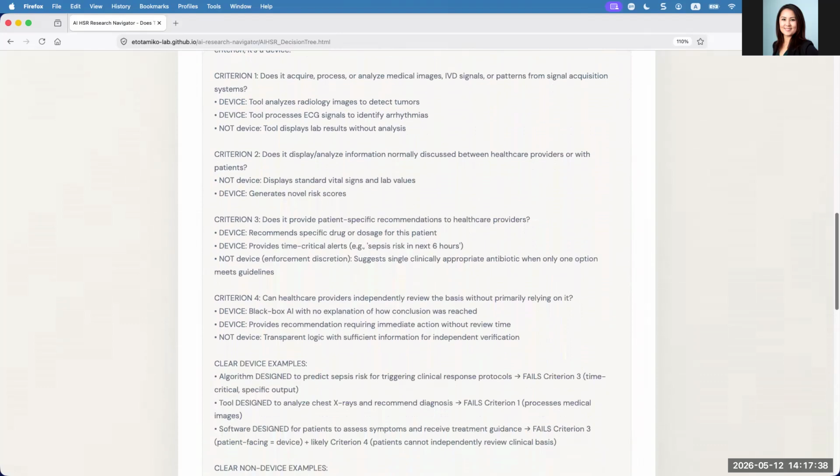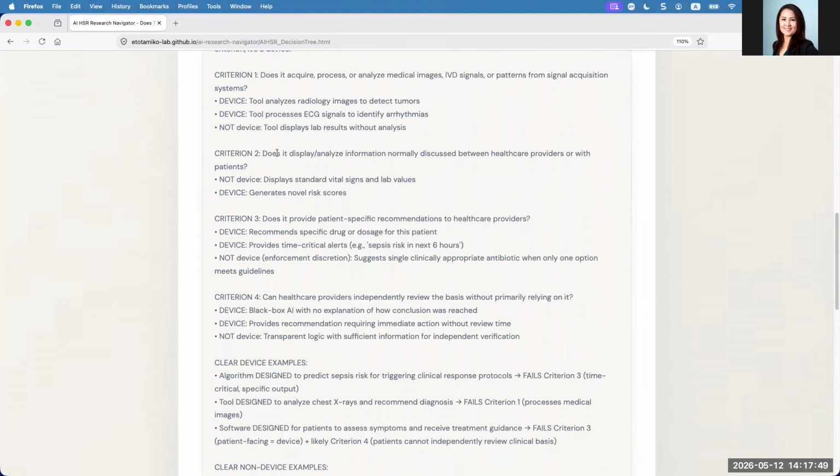If we evaluate our tool based on the intended use, what we're designing it to do, we see that our tool might pass the first two criteria, but it's actually failing criterion 3 because it is providing time critical alerts and patient specific recommendations.